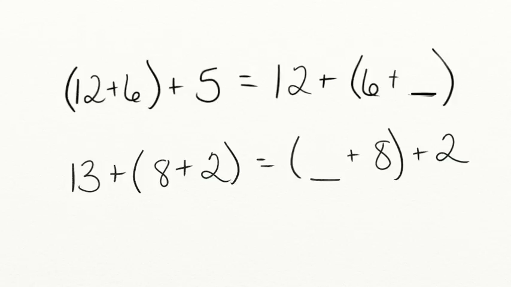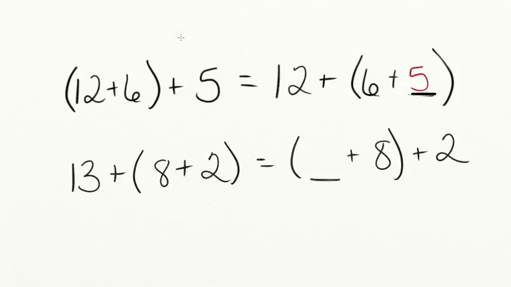Now that we've worked through an example together, let's go through a practice problem. Remember, when we're working with the associative property, we're going to be using the same numbers, we're just grouping the numbers differently. For example, for this first equation, we have 12 plus 6 in one group plus 5. An equal amount to this is 12 plus a group of 6 plus 5.